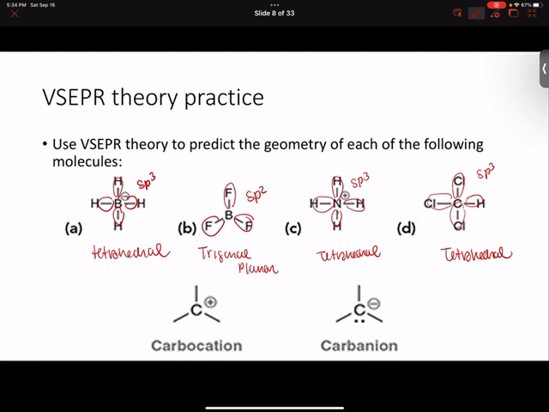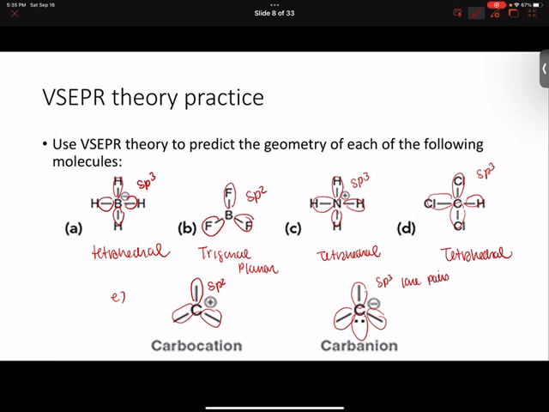And I really like this example. That one down there is a pretty good example because it's going to let you know the difference between trigonal planar and trigonal pyramidal. So for example, as you can see here, we have 1, 2, 3. This is going to be sp2. We have 1, 2, 3, 4, and this is going to be sp3 with a lone pair.